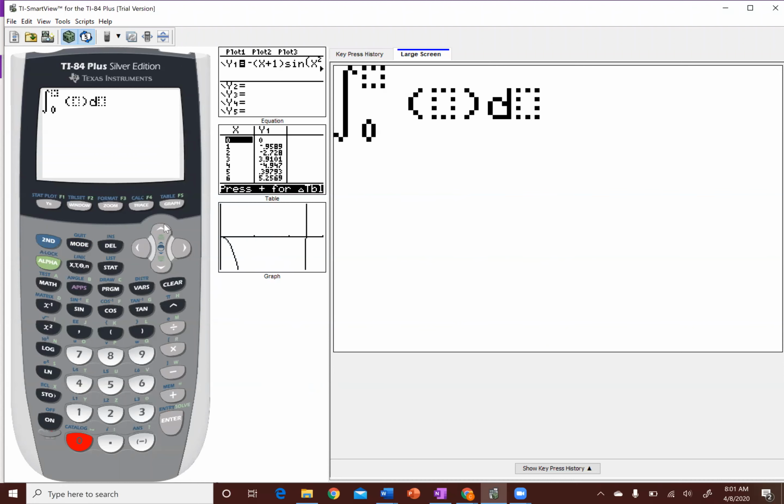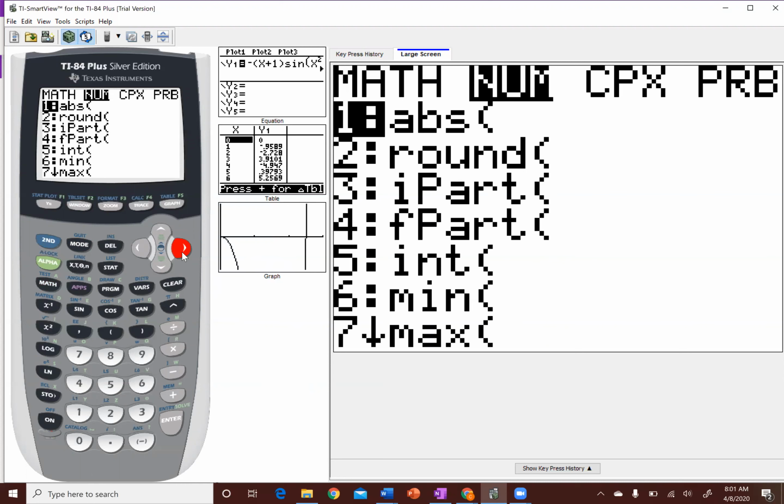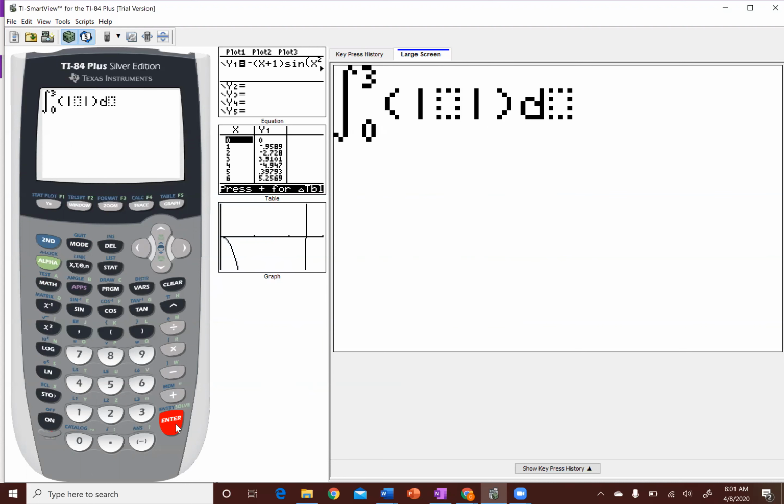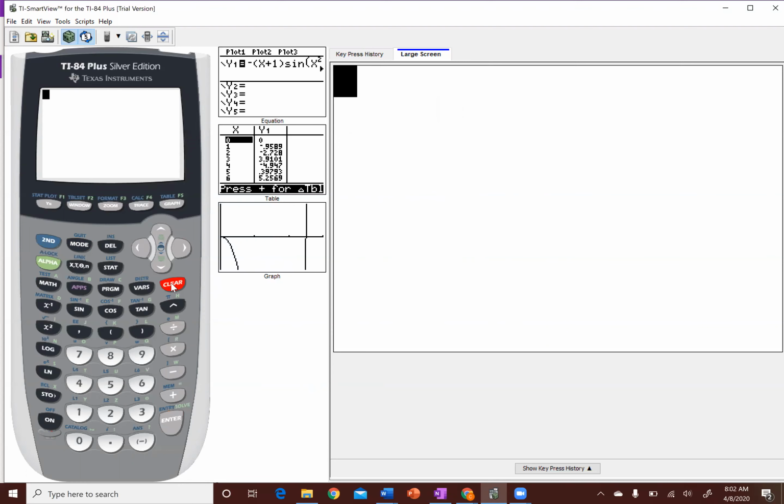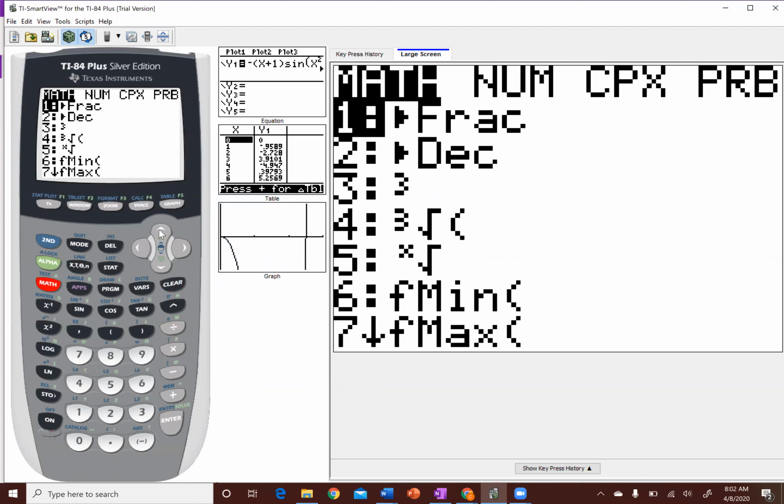I'm integrating from 0 to 3. And I want to apply the absolute value around my function. So first I'm going to press math. I'll show you how I did that one more time because I did that pretty quickly.